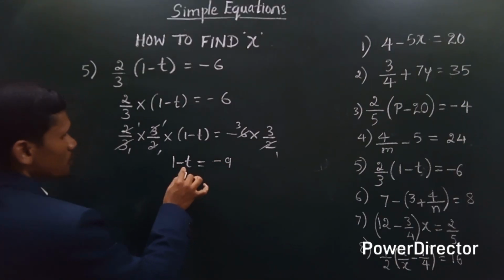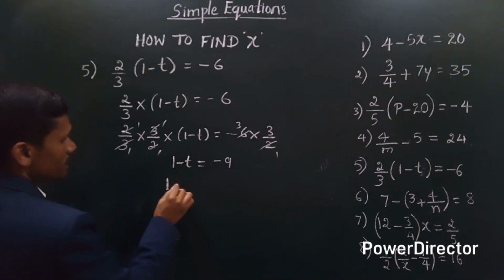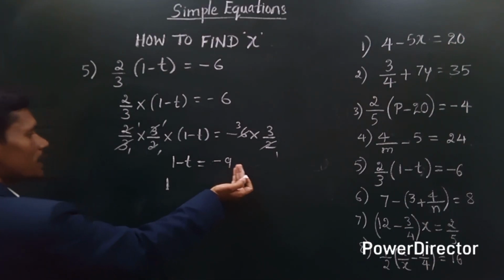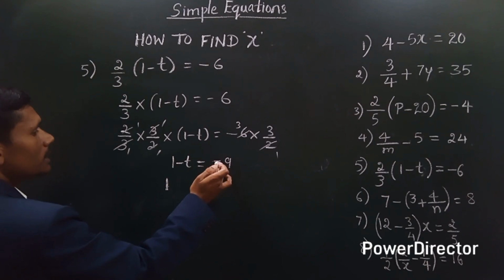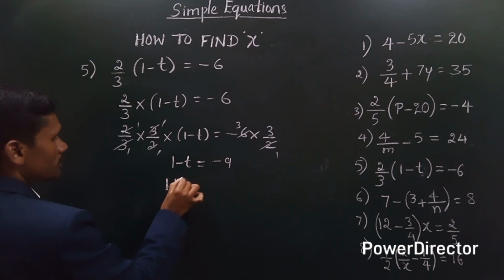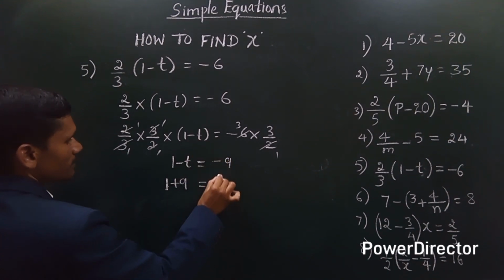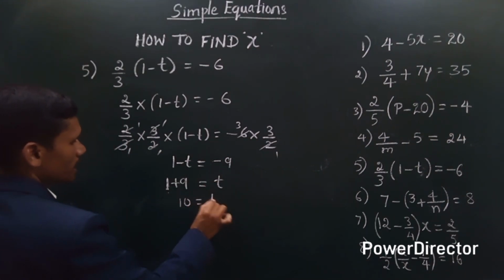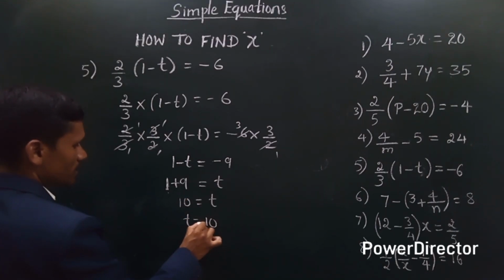So what you can do is, 1 you keep as it is, you bring this to the other side. When you bring it from the right side to the left side, what happens? Negative sign changes to positive sign. 1 plus 9 it becomes. This negative sign becomes positive sign, right? 1 plus 9 is what? 10 is equal to t. This you can change like this and write t is equal to 10, right?